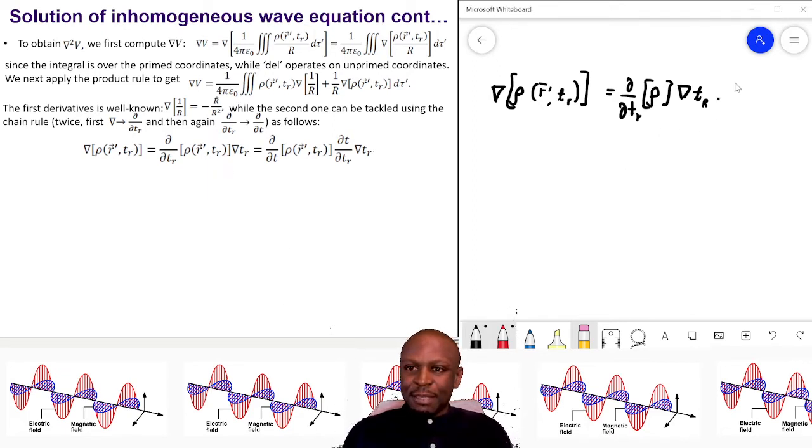I can therefore multiply this by dt, and then from there move this here and exchange that with that here. So this is what you are going to see here.